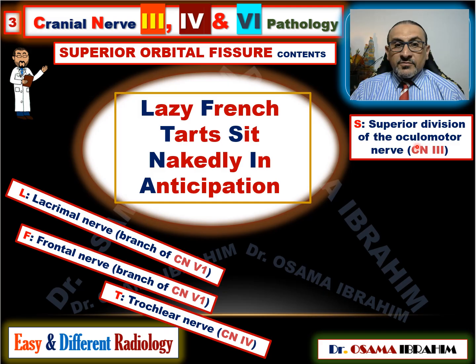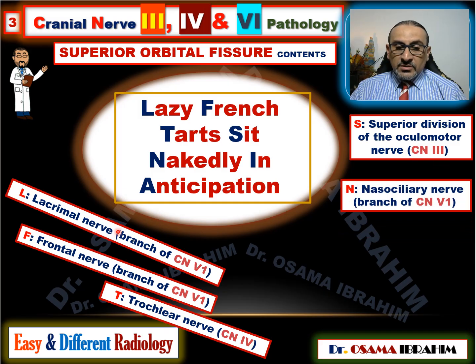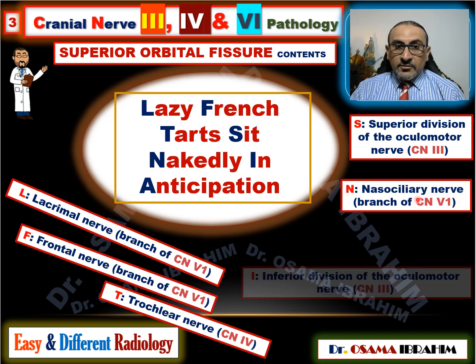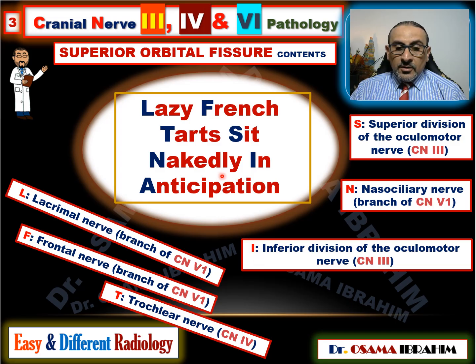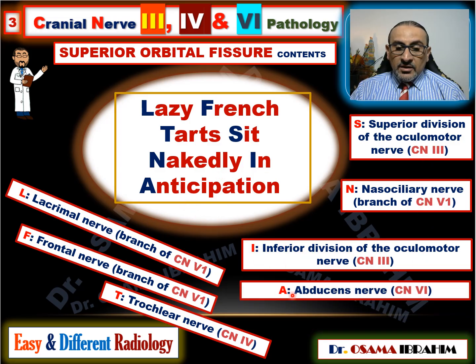As we mentioned, it has superior and inferior divisions, both passing through the superior orbital fissure. N refers to the nasociliary nerve, a branch of the ophthalmic branch of the trigeminal nerve, I is for the inferior division of the oculomotor nerve, and A is for the abducent nerve. So you can remember the arrangement of the structures passing through the superior orbital fissure.